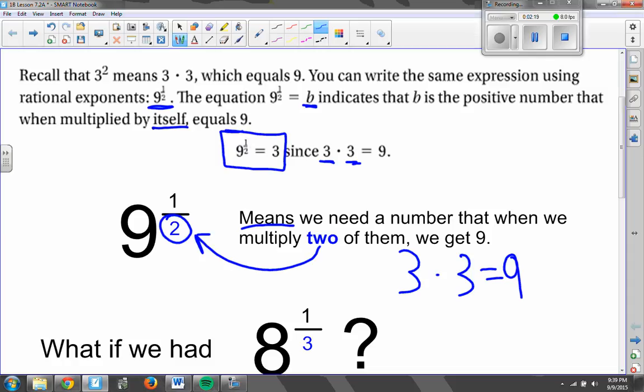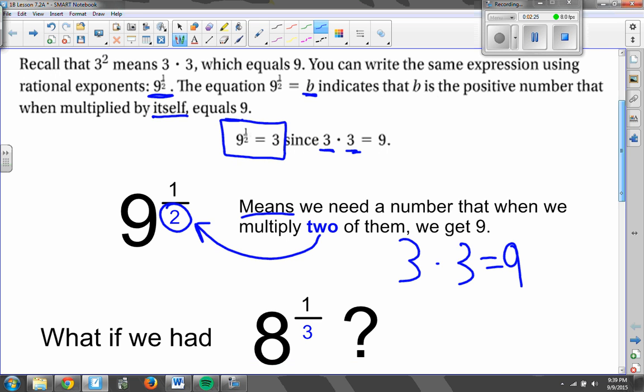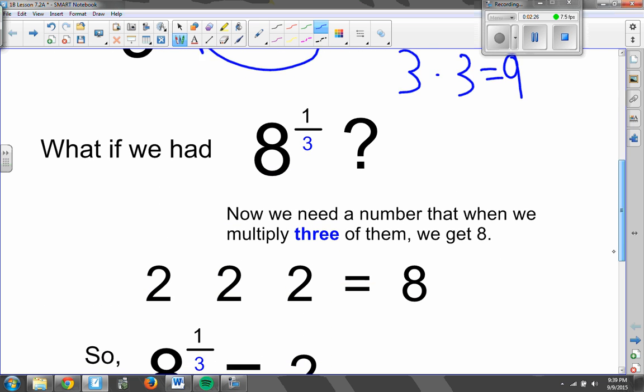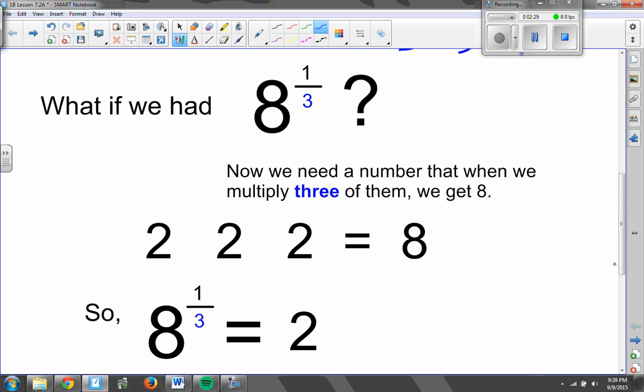Let's look at another example so that we can see why this is not always going to be to the 1/2 power. What if we had 8 to the 1/3 power? This is different because now we need a number that when we list 3 of them and multiply them all together, we get 8.